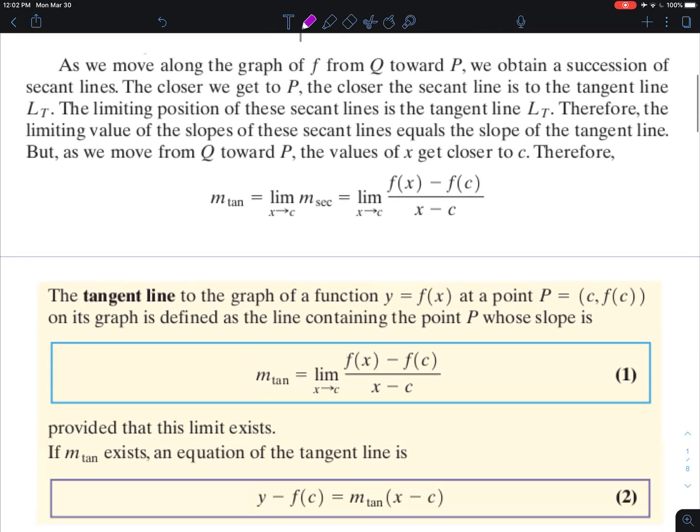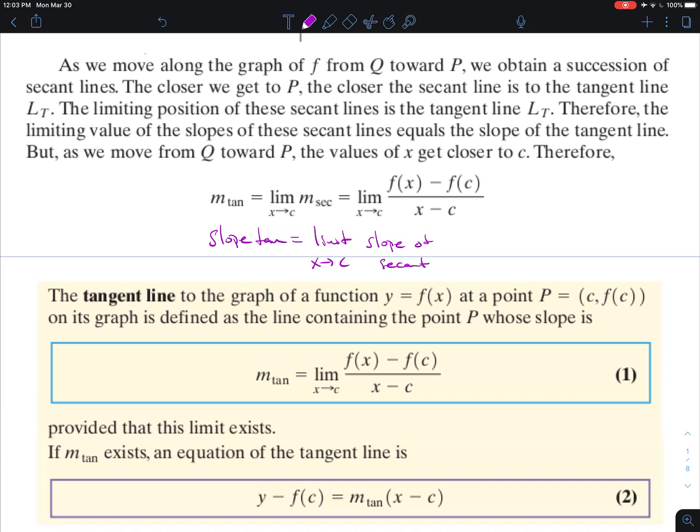So coming back down here, the slope of the tangent line is equal to the limit as x approaches c of the slope of the secant line. That's what that expression has there.